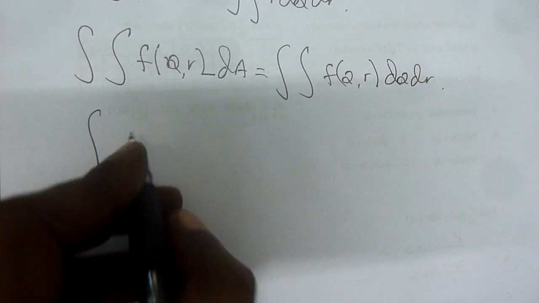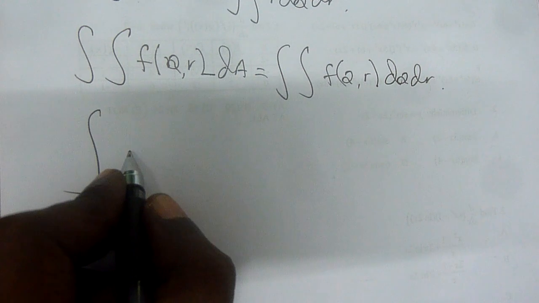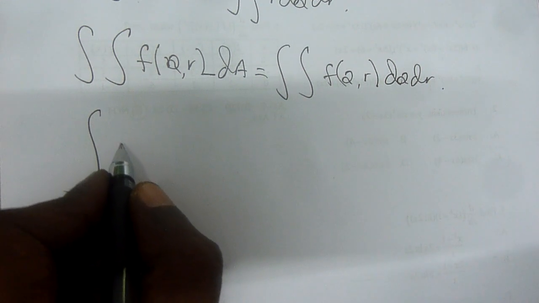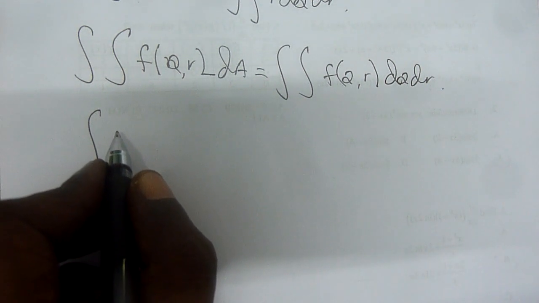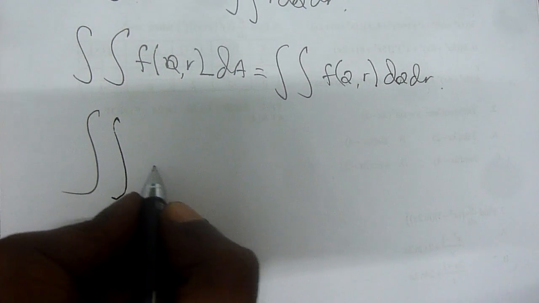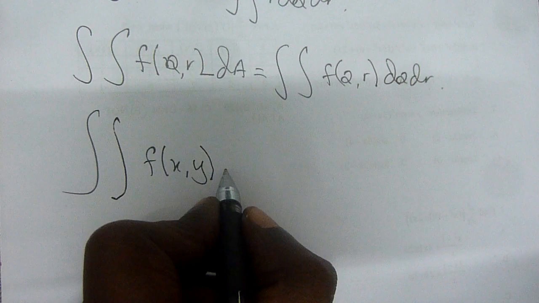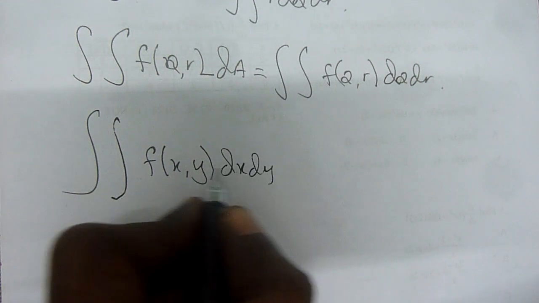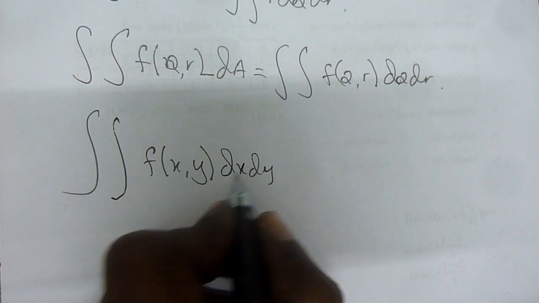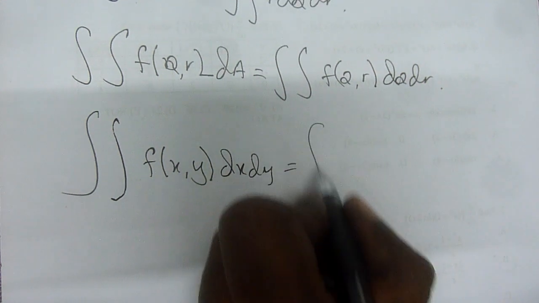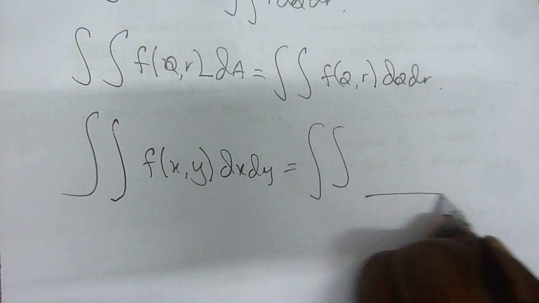Now, the first thing that I wanted to analyze here is how we place this double integral of f(x,y) dx dy or anything, it can be dy dx, whatever. How do we convert this into polar coordinates?